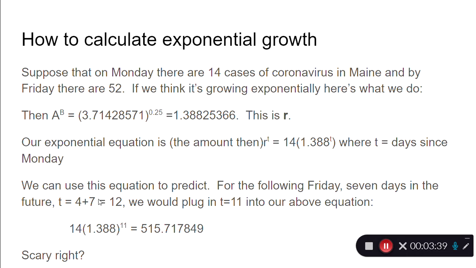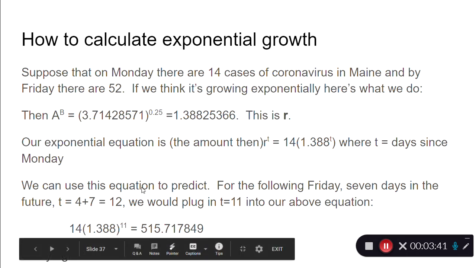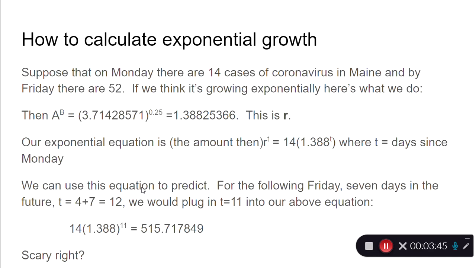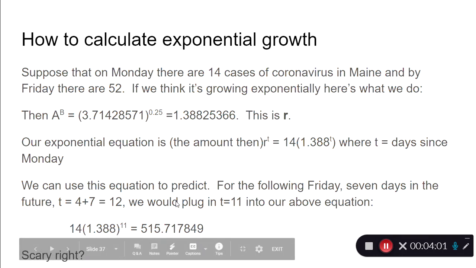In any case, so we have this calculation. I think you have access to the slides, so you can go back and look at the slides one by one. And the interpretation is a 38.8% increase each day. And our equation is 14 times 1.388 to the t. T is our power. So we can predict with this, right?